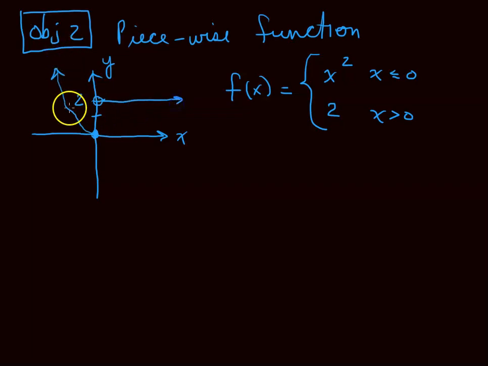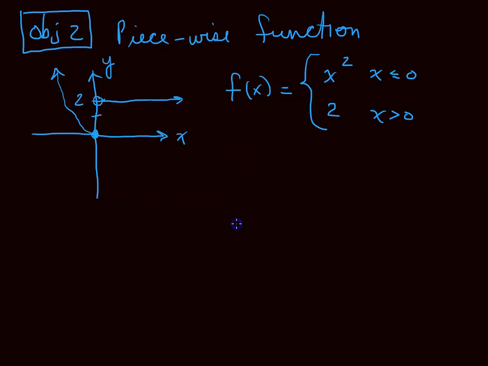So this is a function. It doesn't violate that vertical line rule because that point at 2, 0, 2 is not included, but everything else is, and the vertical line rule fits it. We know this is a many to one because at 2 you do have all these definitions. So a piecewise function is made up of pieces.